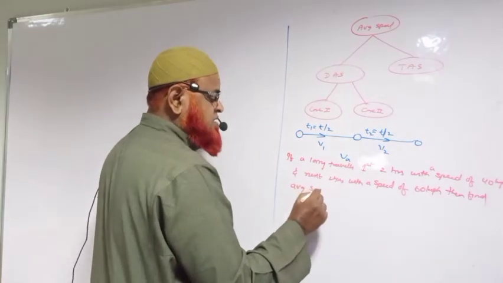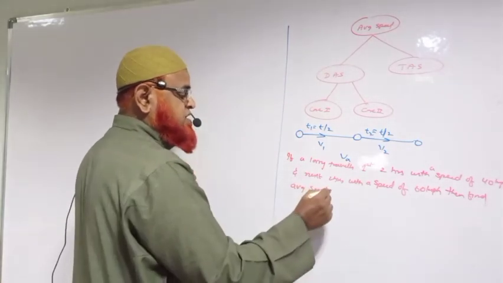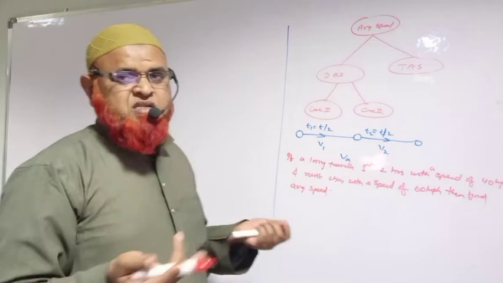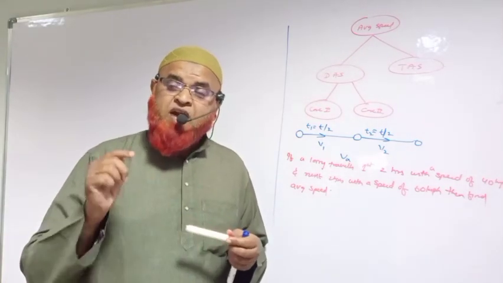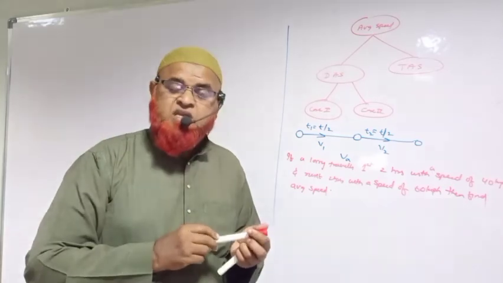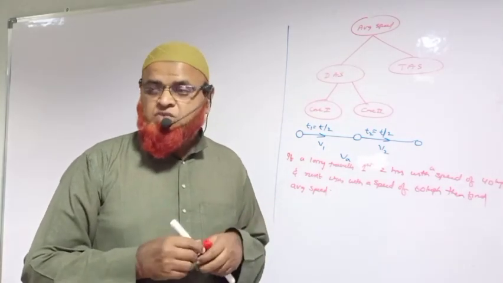That's it. He will never specify to find out time average speed or distance average speed. He will just tell average speed. And you have to recognize which situation it is going to be.